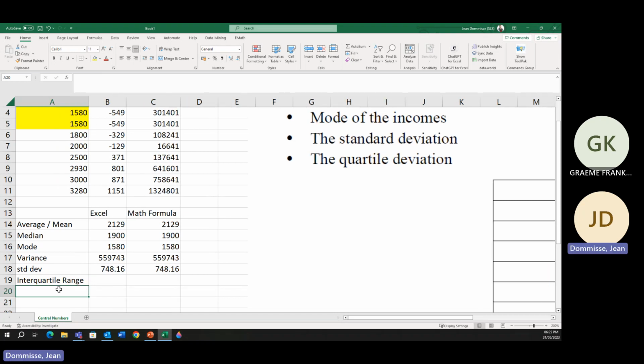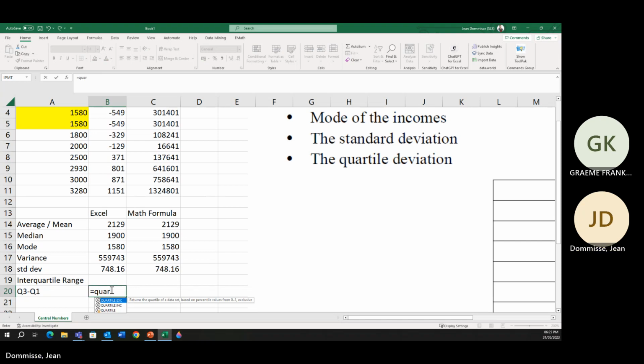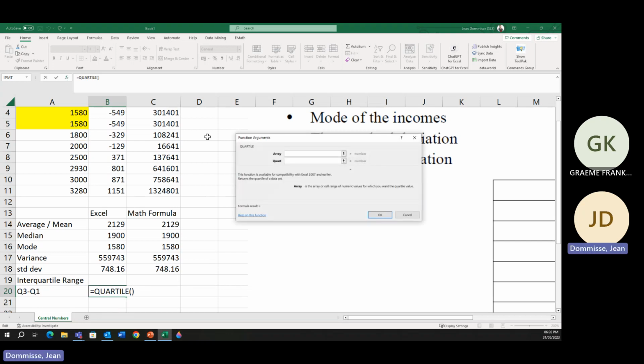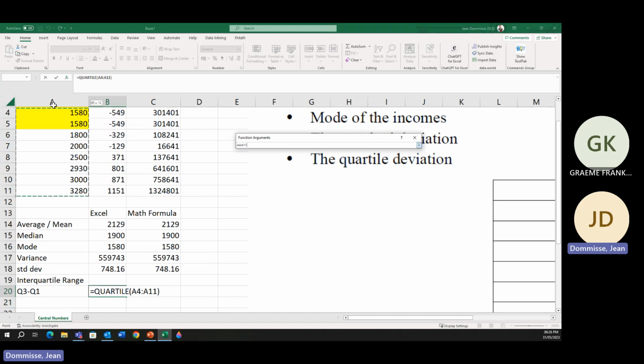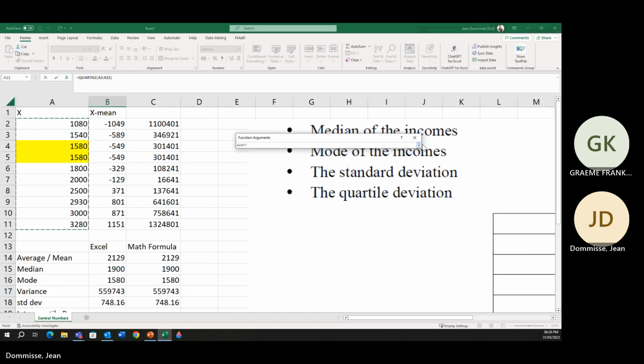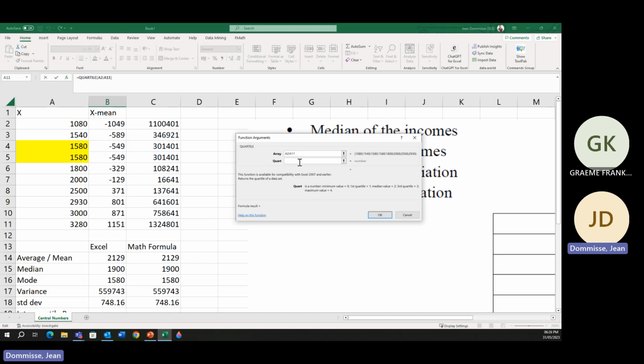So interquartile range normally looks at your Q3 minus your Q1. And what we could have done here is, there is a function in Excel for quartile. We look at that array, and we're looking at quartile 3.